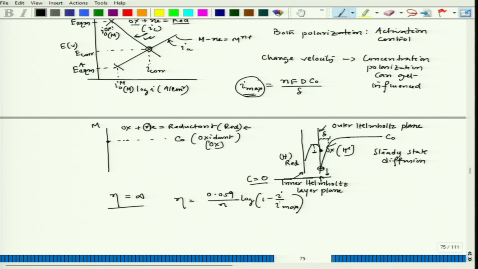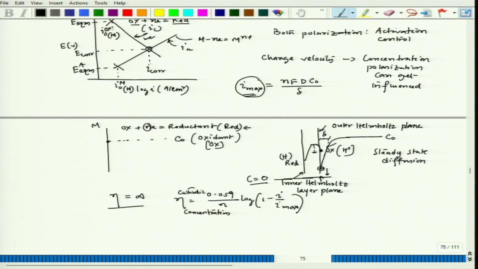This is the overvoltage equation, and since we are considering the concentration effect, we call it concentration overvoltage, and since we are considering the cathodic reaction, that means the reduction process, we can also call it cathodic.